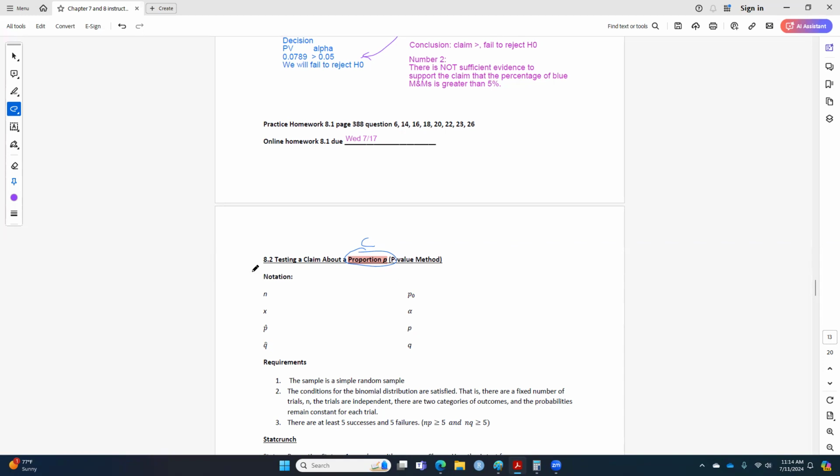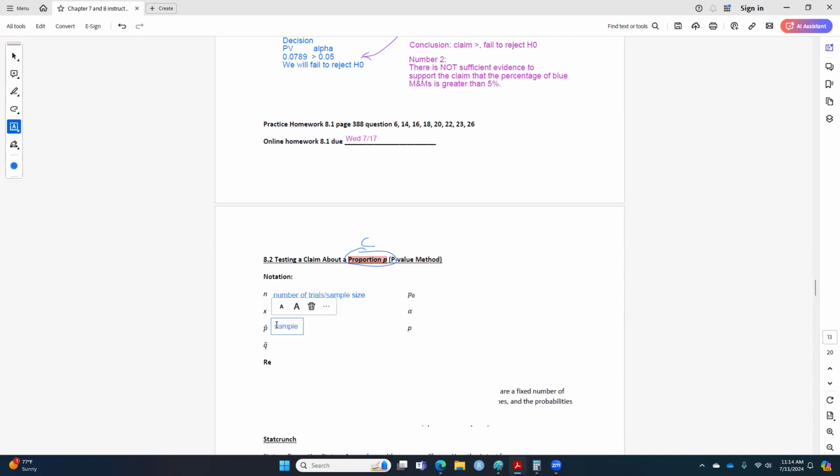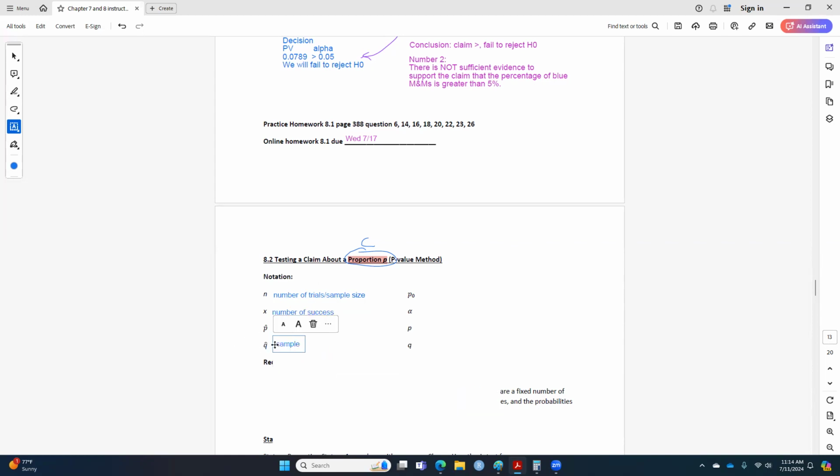There are a few notations you need to know here. N is the number of trials, or sometimes we call it the sample size, so how many people they surveyed. X is called the number of successes. P hat is called the sample proportion. Q hat is called the sample failure.